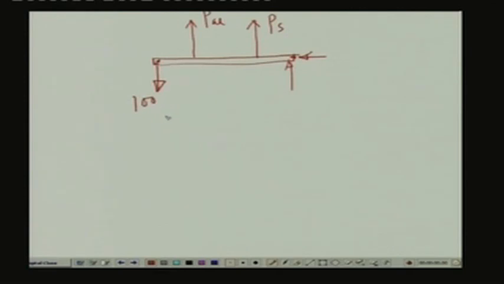So, if we take the free body, this is the rigid bar pinned at this end, acted on by two rods, steel and aluminum, and at this end we have the reactive forces for the pin, and at this end the load of 50 kilonewton, I am sorry, 100 kilonewton is acting.